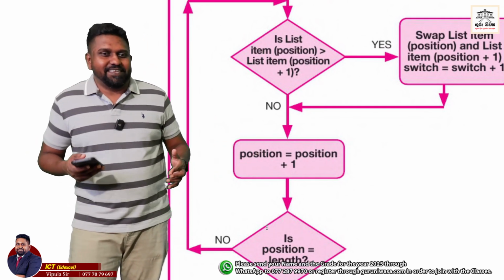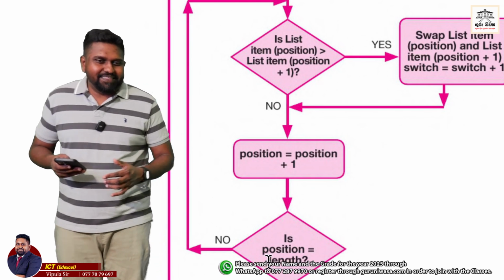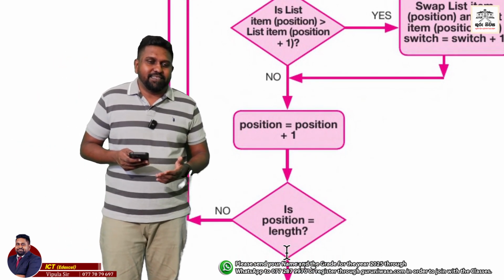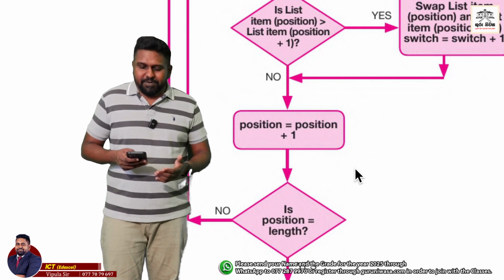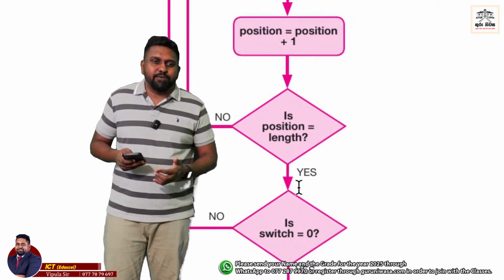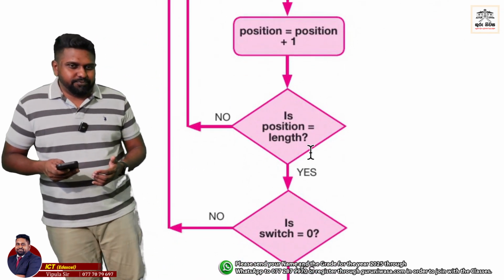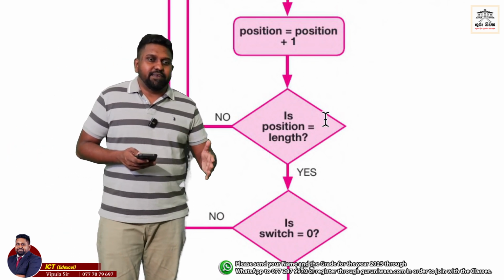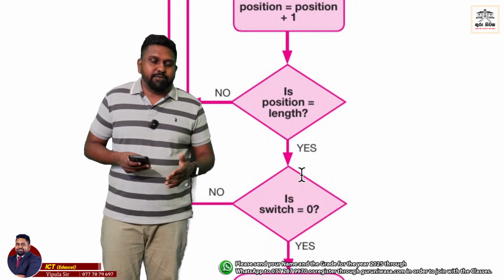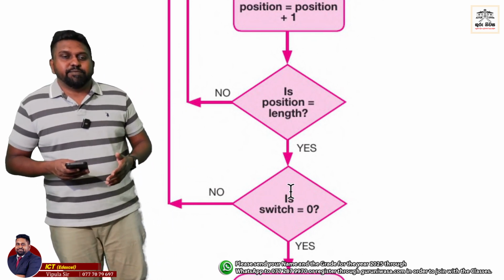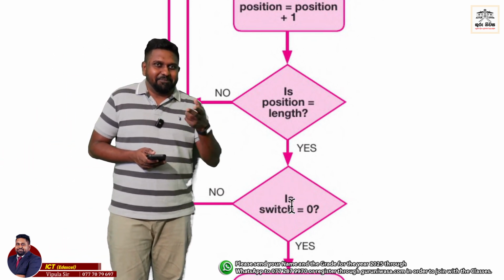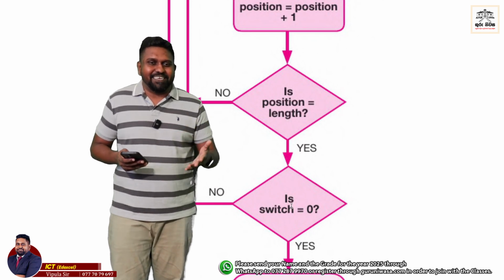If this equals the length, then you go down, and you check if the switch is 0. Switch is 0 means a switch has not happened, right? Then make a switch වෙලා නැත්තම්.